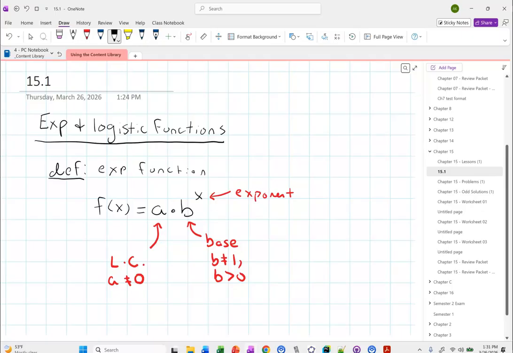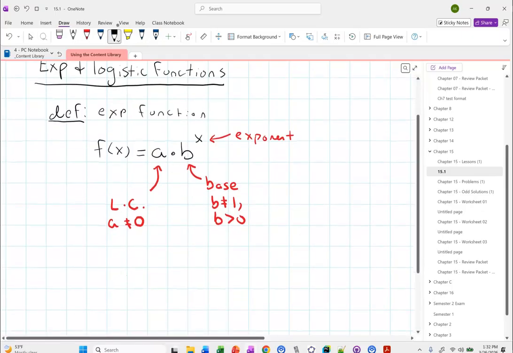So that's why the b values must be positive, because we don't want to accidentally have a bunch of undefined results here. Does everybody feel okay with what this is going to look like? Okay.